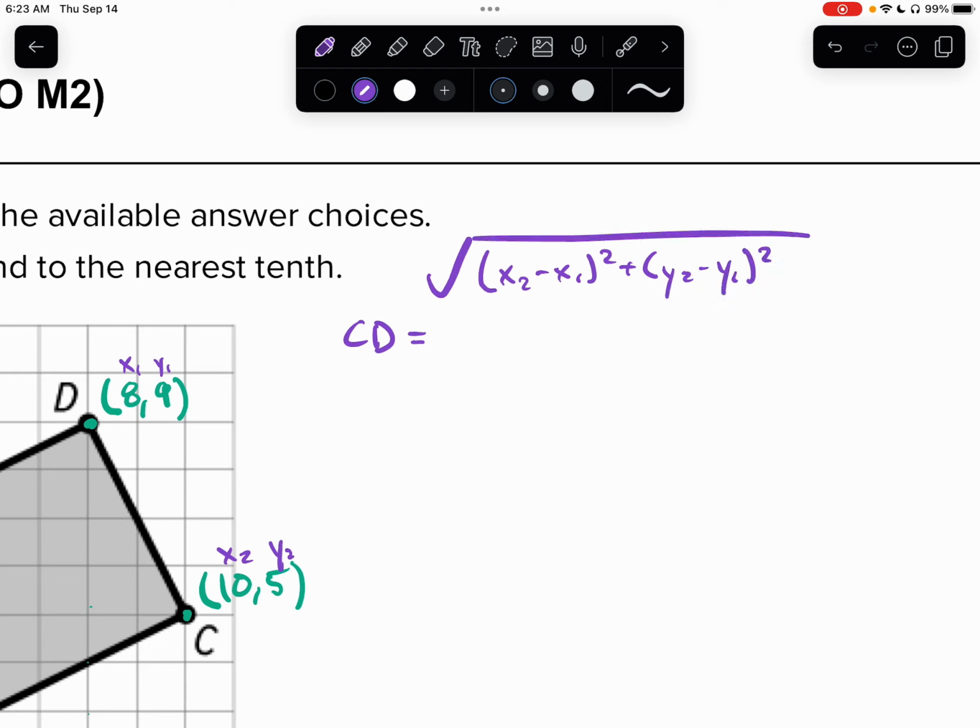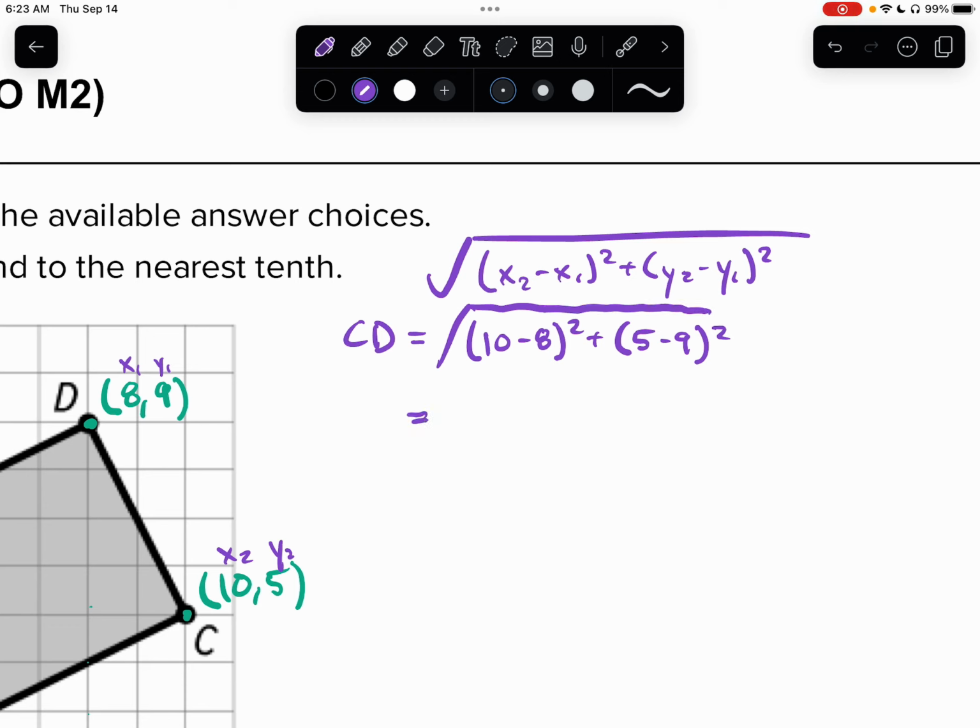All right, so CD, let's see, x2 minus x1, so it'd be 10 minus 8 squared plus y2 minus y1, so 5 minus 9 squared.